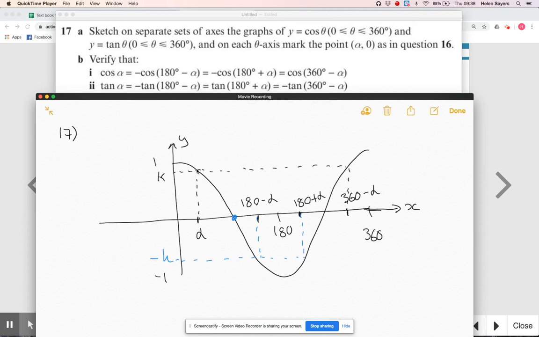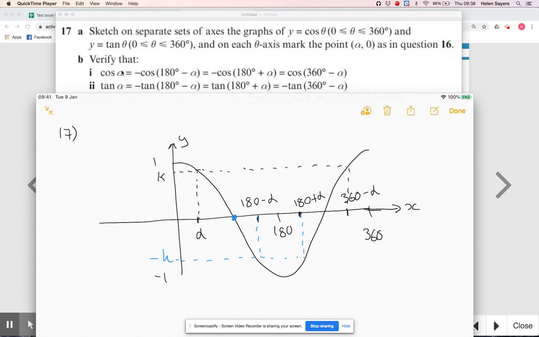So that part of the curve, I know it's not perfect on my sketch, but that does have rotational symmetry. So that point there and that point there will be the same distance from y equals 0, but obviously that one will be negative and that one will be positive. I won't write that whole statement out again, but we have verified that is true. Okay, so that was for cos.